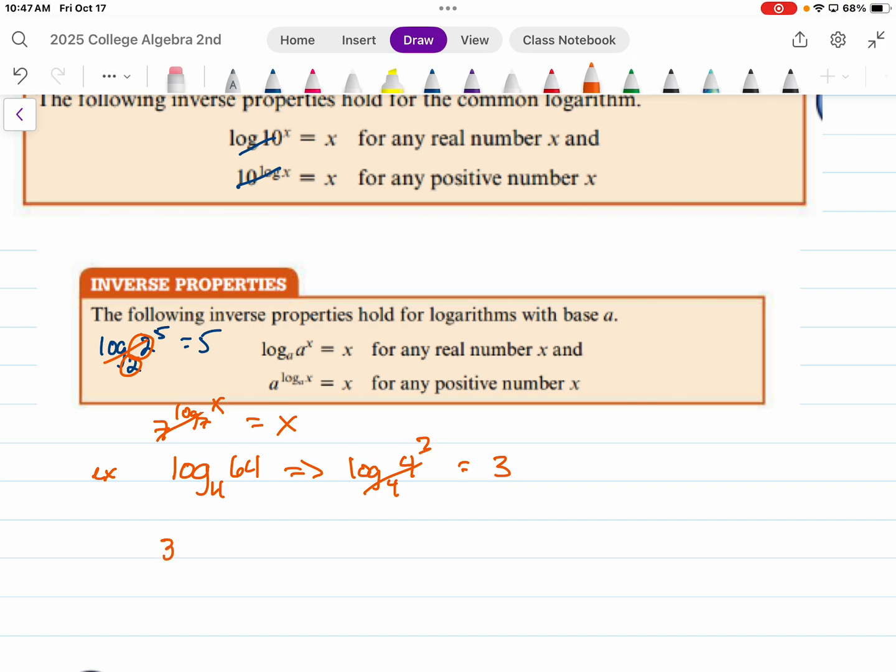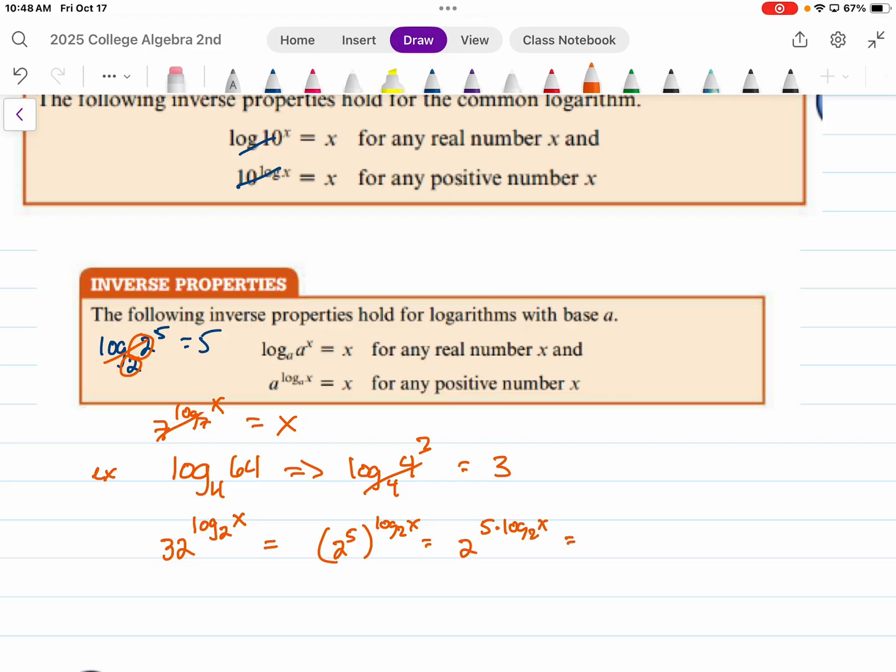If I have 32 raised to the log base 2 of x, let's say, I can rewrite this as 2 to the 5th raised to the log base 2 of x. I can use an exponent property, power to a power, and rewrite this as 2 to the 5 times log base 2 of x.